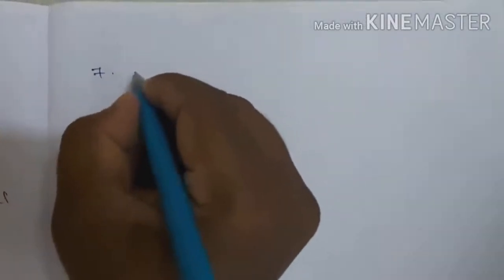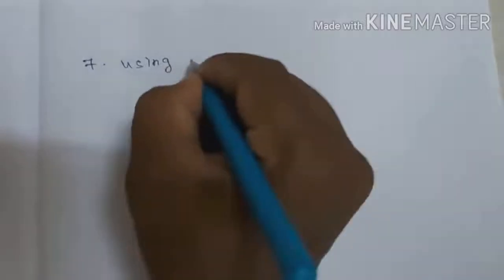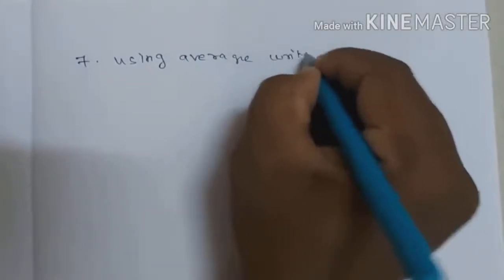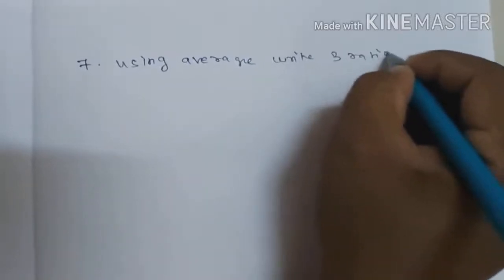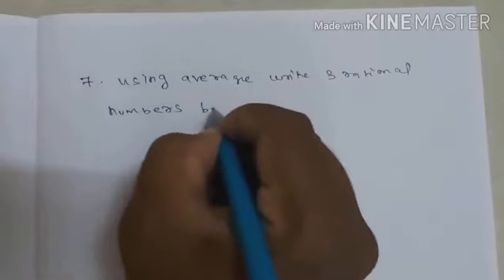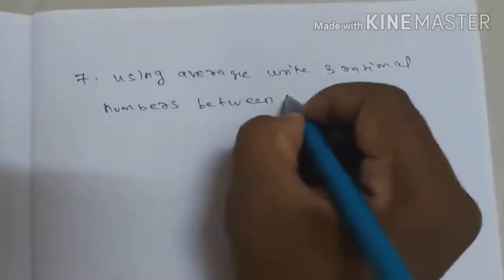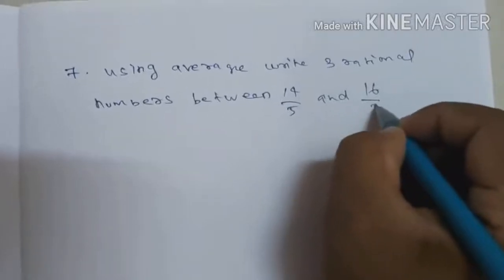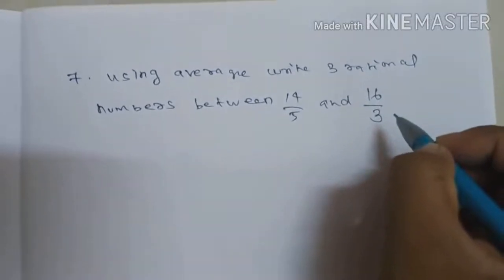In 1.1, 7th Roman, using average, write 3 rational numbers between 14/5 and 16/3.